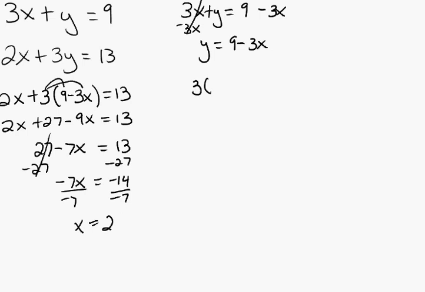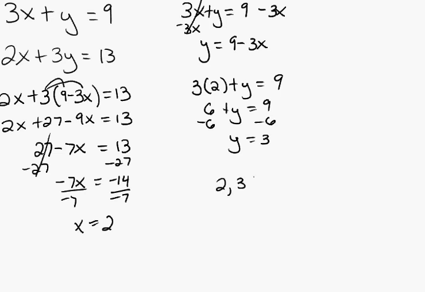So I have 3 times 2 plus y equals 9. 3 times 2 is 6, plus y equals 9. If we solve for y, we subtract 6, and we get y equals 3. So my ordered pair that satisfies both equations is the ordered pair 2, 3.